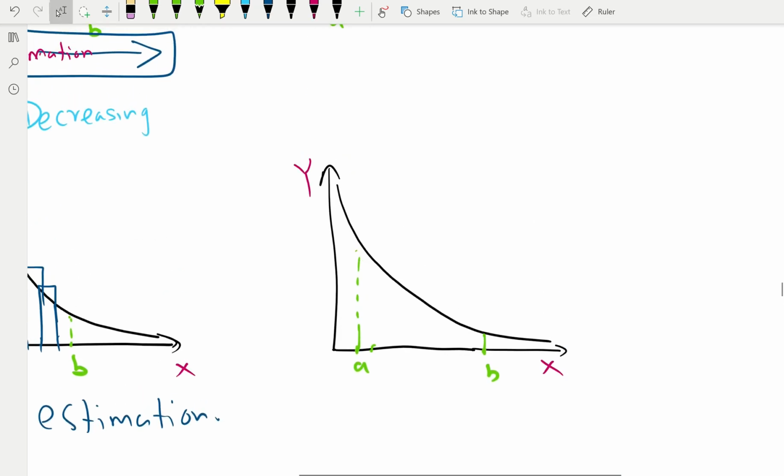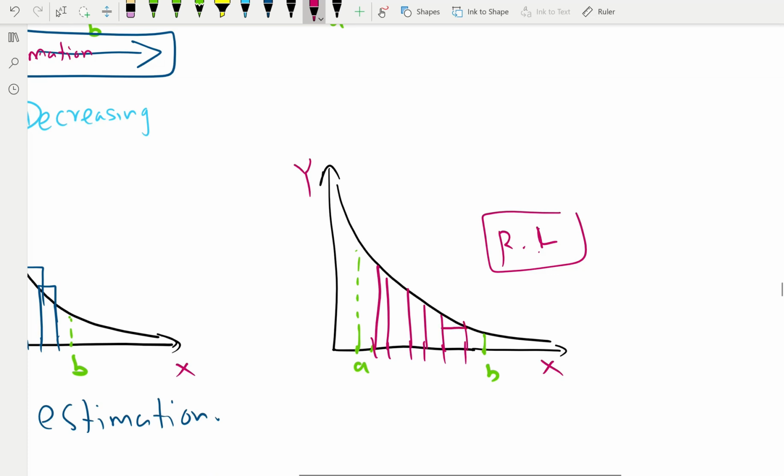Now I guess you can easily foresee what's going on. We have a decreasing function and we use the right endpoint rule. You know you're going to get an underestimation, right? Let's confirm that. We connect the rightmost point to the graph and create the rectangles. We see we get an underestimation.